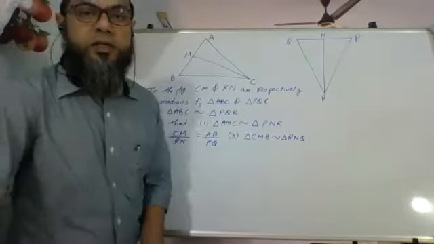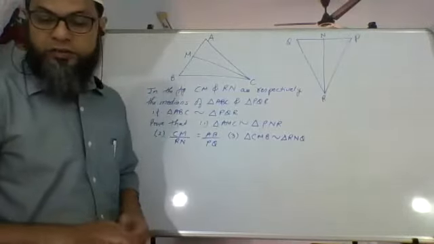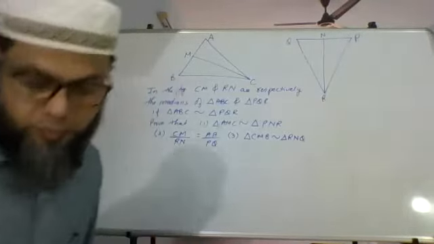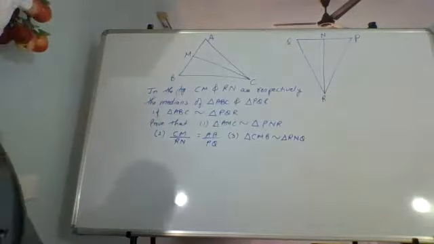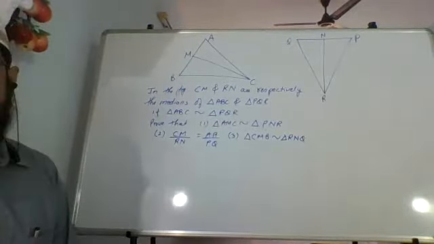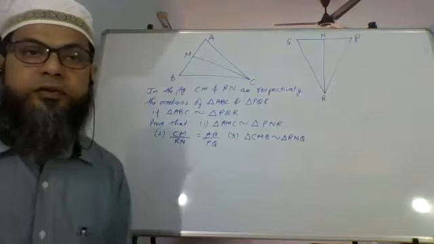First copy this and I'll show you how to prove this. Not very difficult. Okay. They've given us the bigger triangles are similar. ABC and PQR are similar. That is what is given to us.